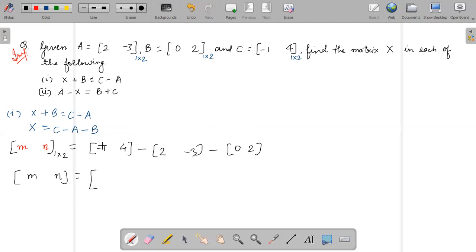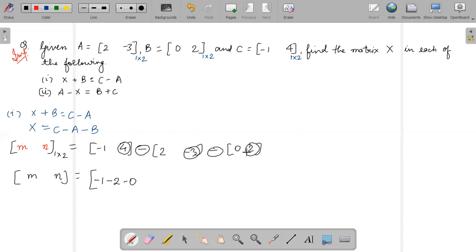You see, एक साथ हम कर रहे हैं तीनों को एक साथ, -1 -2 -0, ठीक है। देख लिया कैसे हमने किया.